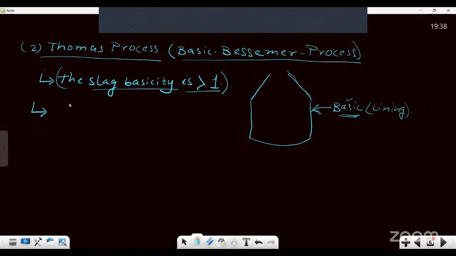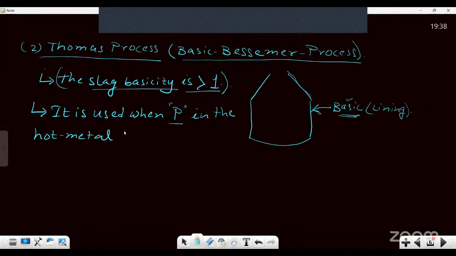We will discuss all these things in more detail, so no worry about it. You can just write: it is used when phosphorus in the hot metal is more.